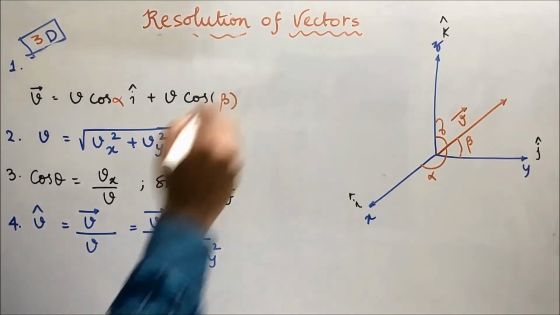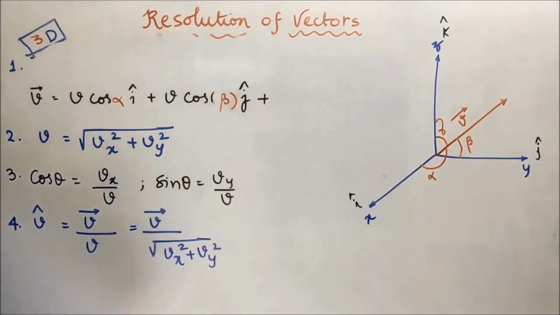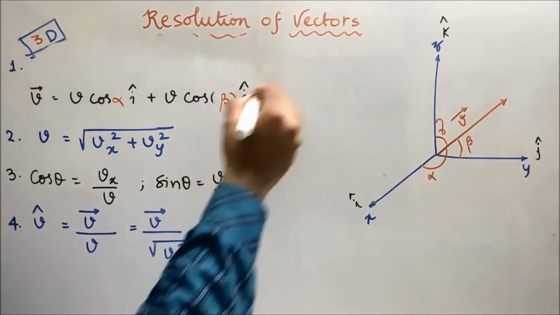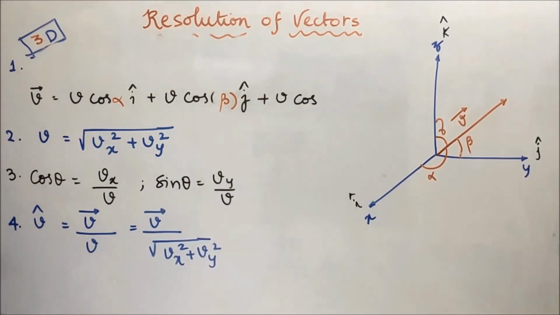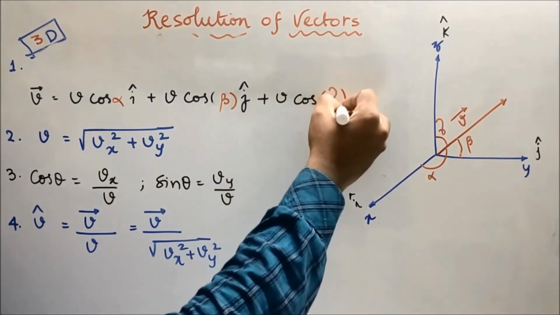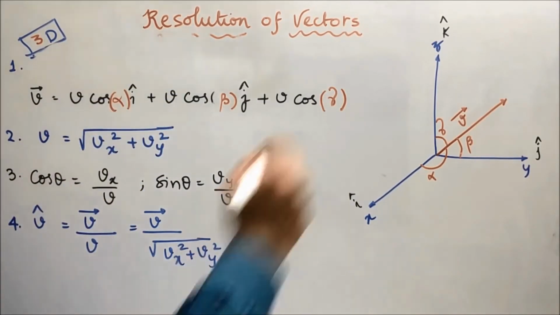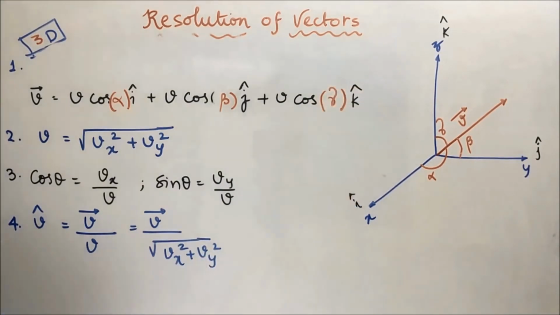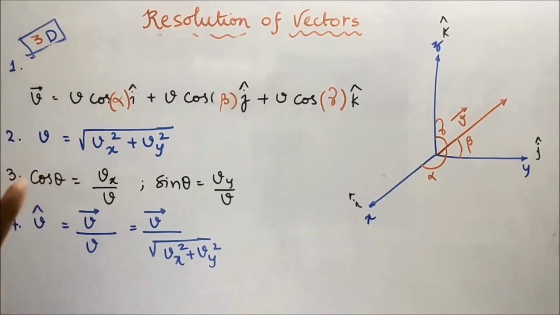And the unit vector is j cap, plus v cos of the angle which it makes with the z-axis, gamma, into k cap. So these are the rectangular components of v for 3 dimensions.